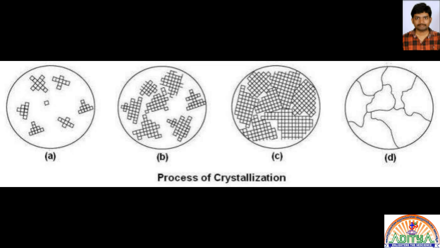Observe the different diagrams showing the main steps: there is nucleus formation, and next there is grain growth. There is a term called grain boundary, which separates the two grains. This is the process of crystallization.